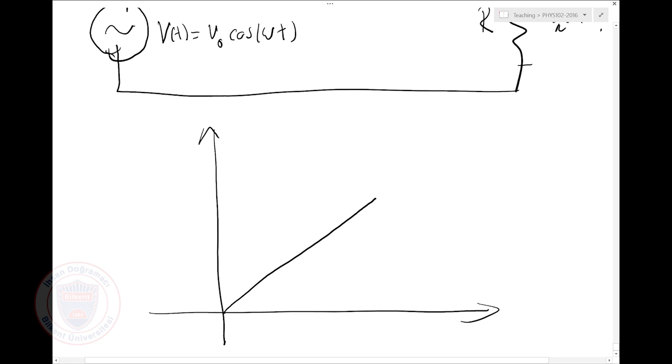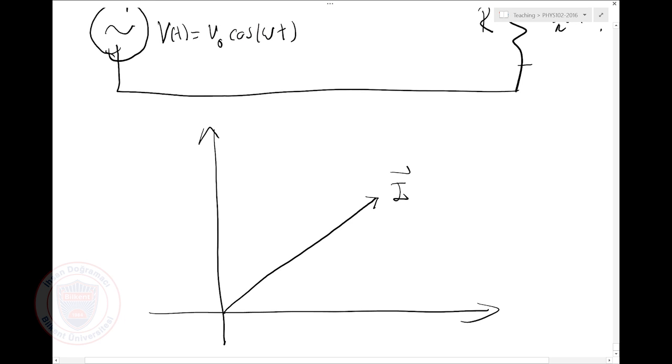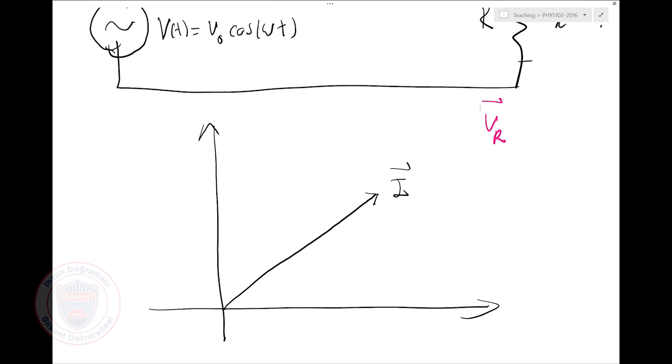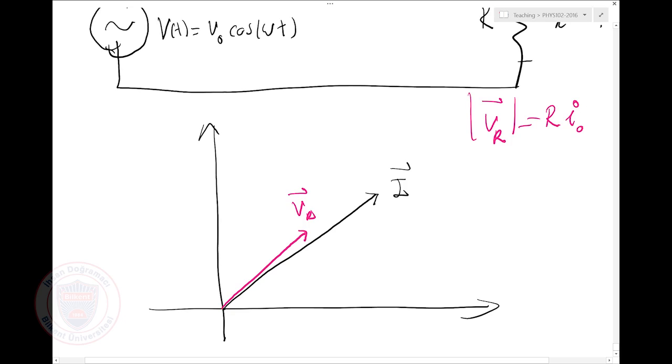So I'll say I have some current vector I. Now, what is the VR vector direction? It's the same direction as the current, right? So my VR vector will be here, and VR magnitude will be R times I0, the peak current. Okay?